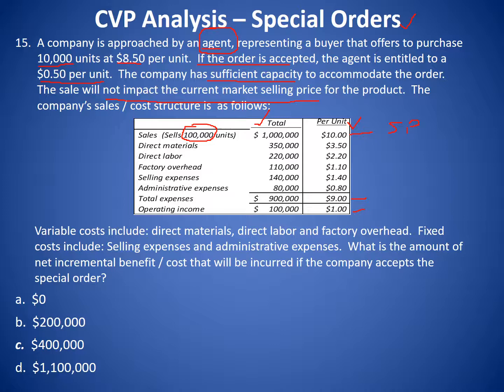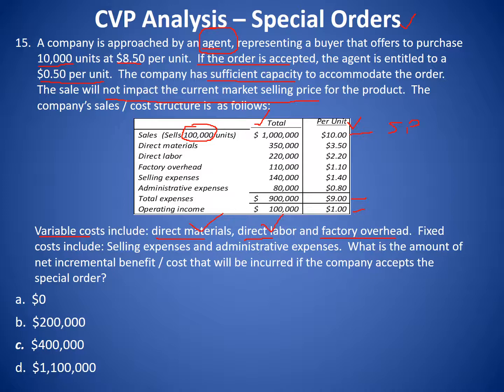Now we have some additional information here. Variable costs include direct materials and direct labor, and in this case, factory overhead. These are all considered variable costs. Typically, you can pretty much be assured that in any problem, all direct materials and direct labor are variable costs.